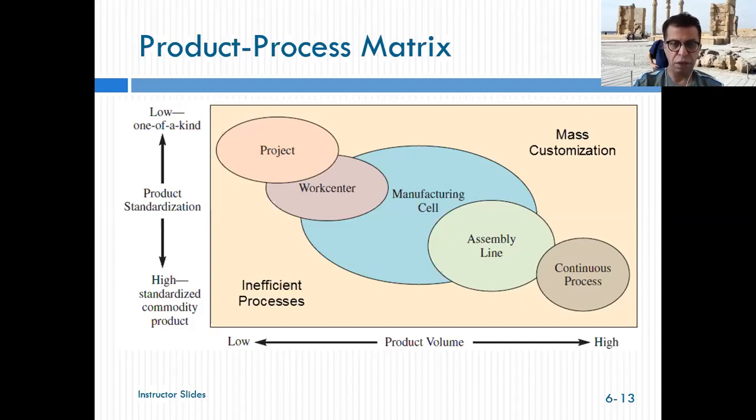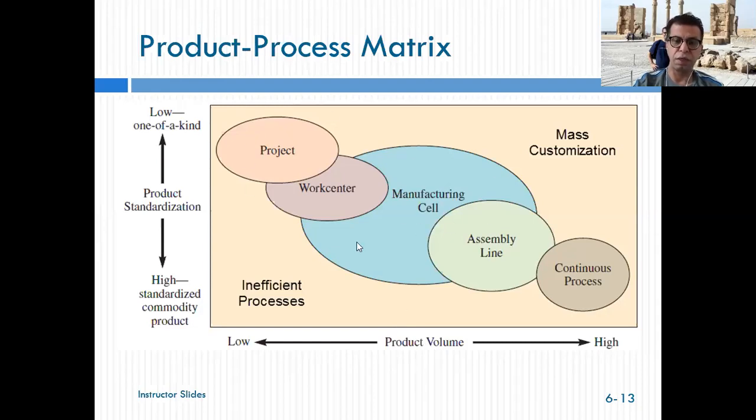If the product is highly standardized with high volume, then you will get a continuous process. But if the product is standardized and the volume is not very high, then manufacturing cells happen.